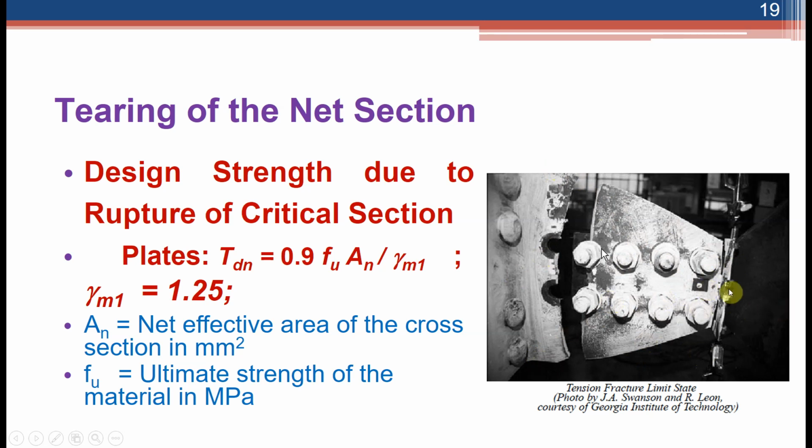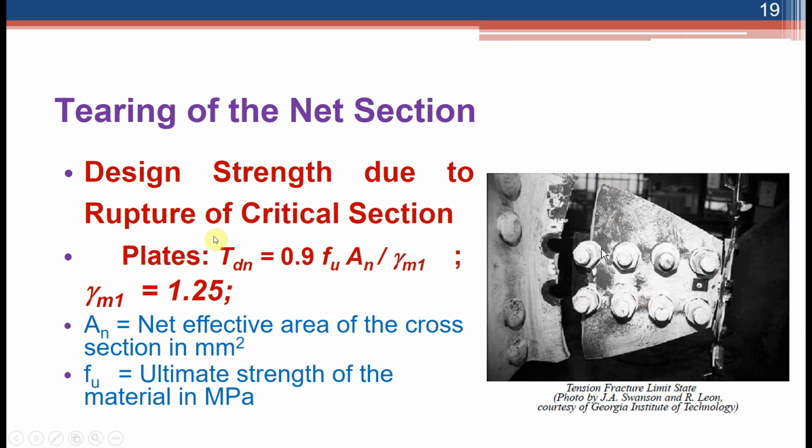Whenever the tensile force is acting away from each other, the tensile force acts in this direction and the failure takes place in this direction. Therefore the tearing of the section takes place. Whenever there is a weakest section, the axis on which the area is lowest, it breaks at this plane.